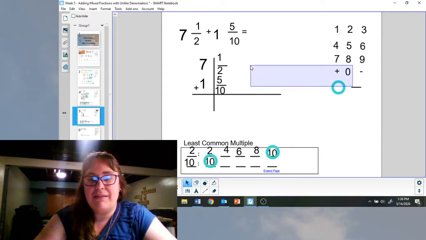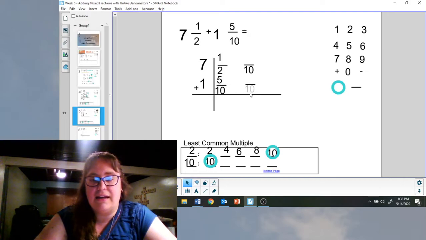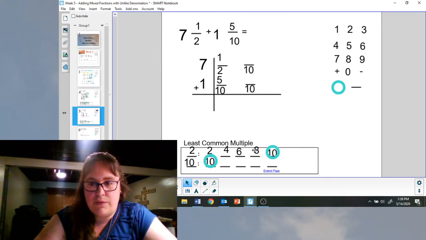So coming up here then, your new equivalent fraction, your new denominator is going to be 10. So I'm going to go ahead and put both those in there. This is feeling a little bit easier, like you kind of got this. So you're asking yourself, 2 times what gives you 10? Times 1, times 2, 3, 4, 5. It's times 5.